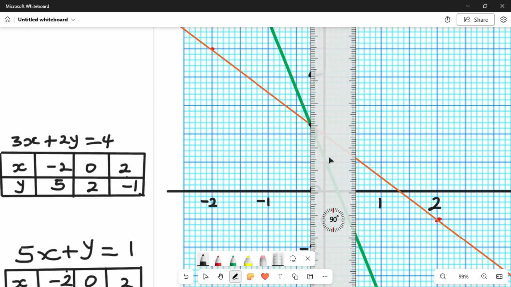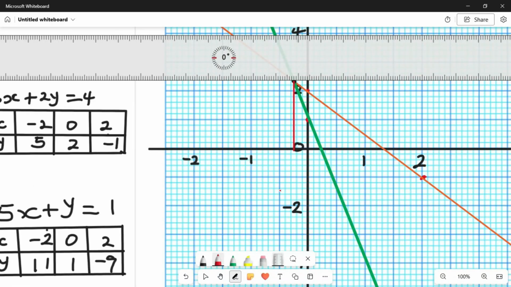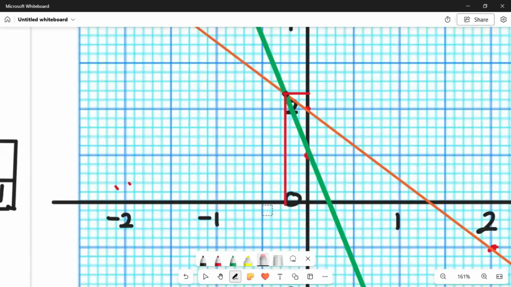So from this point, you draw a vertical line. Then the same thing. So from our x-axis, this is the point where we have the line, and this is minus 1.